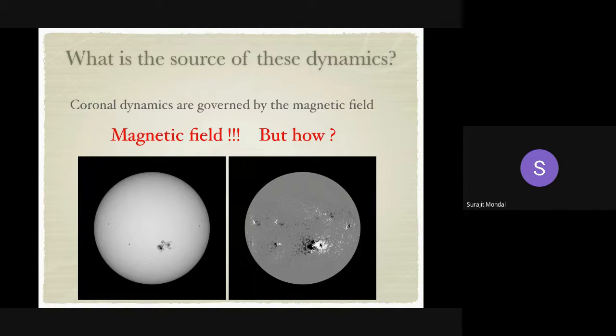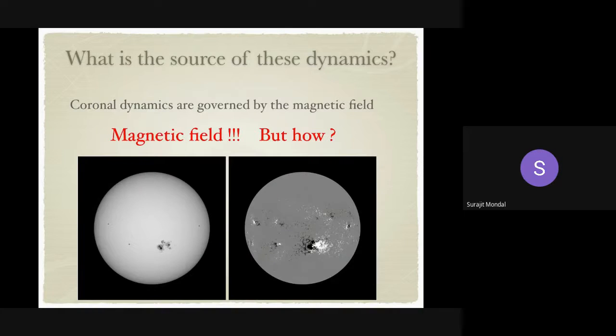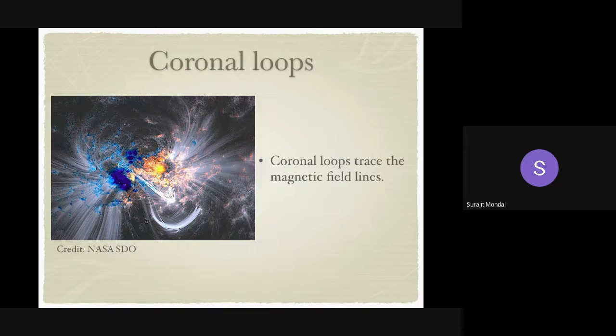Now, if you zoom into this location, and after some image processing and combining data from other instruments, you can make this beautiful diagram here. So these are the two sunspots which are seen here. The blue and the yellow show the magnetic field direction. The blue and yellow are oppositely directed to each other. Now these white lines which you can see here are the coronal loops.